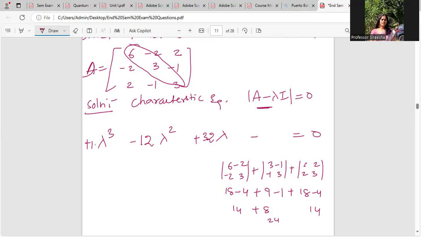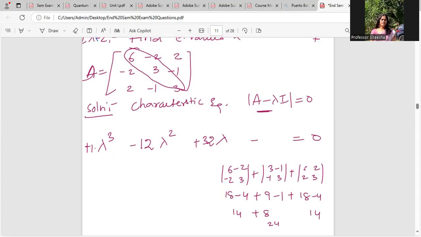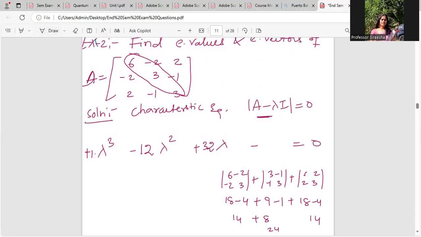Next, I'll be finding the determinant. Since there are no zeros in the matrix, I can find the determinant using any row I like. This is nothing but the value of det A. So how do I find it? 6 into 9 minus 1.